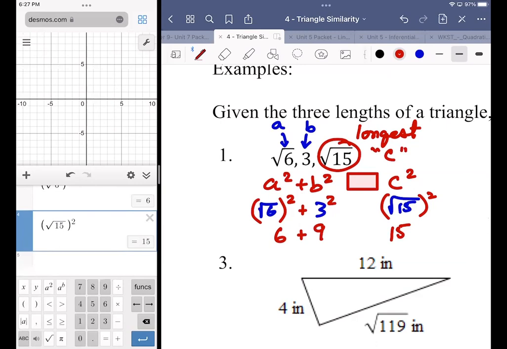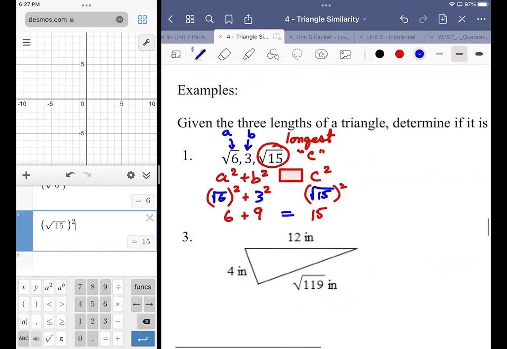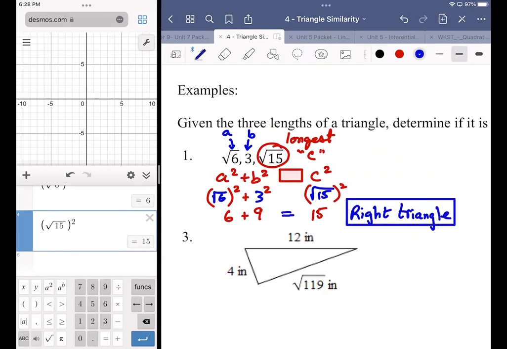You get the 15 anyhow. Now 6 plus 9 is equal to 15, so this is a right triangle. If it were less, it would be obtuse. If it were greater, it would be acute.